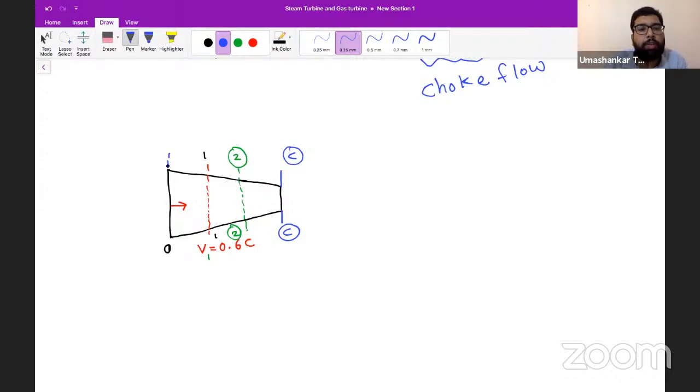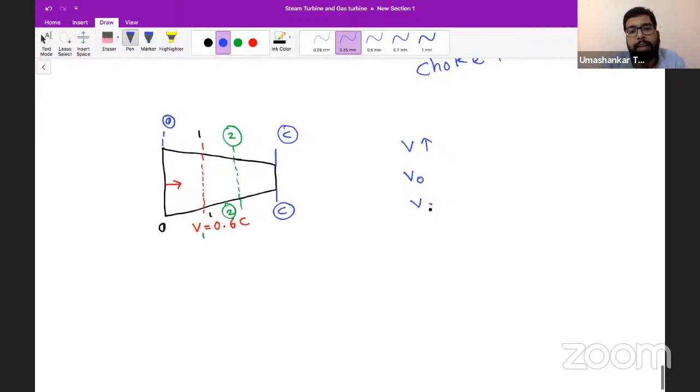So from section 0 to section C, what is happening? Till section 0 to section C, velocity is increasing. From 0, the velocity is increasing, and at C, the velocity is equal to the sonic velocity.